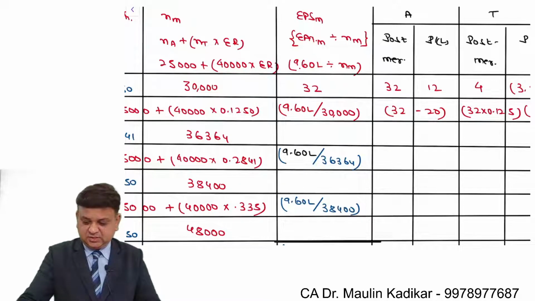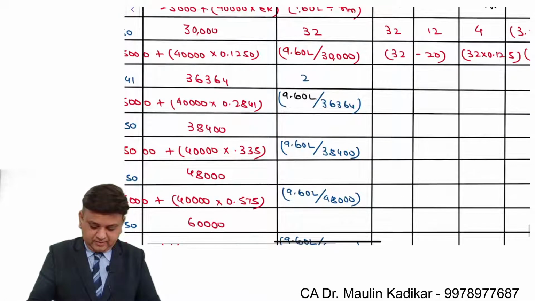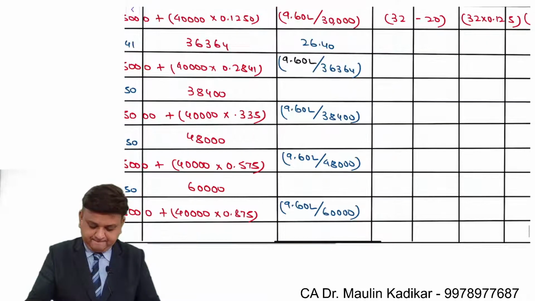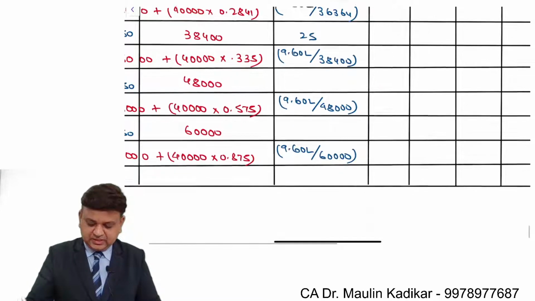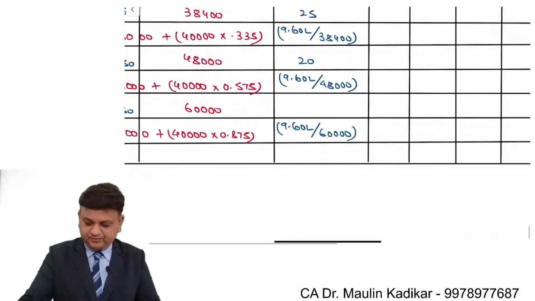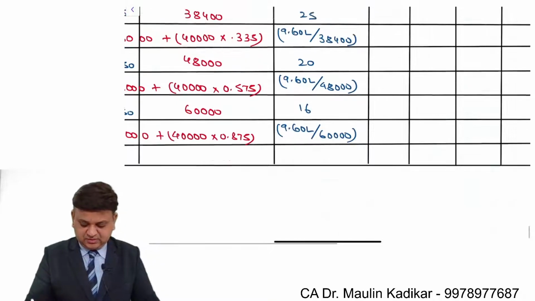So 9,60,000 divided by 36,364 comes to 26 rupees and 40 paise. 9,60,000 divided by 38,400 comes to 25 rupees. 9,60,000 divided by 48,000 comes to 20 rupees. 9,60,000 upon 60,000 comes to 16 rupees.